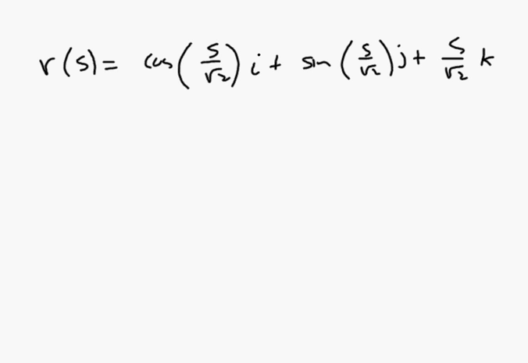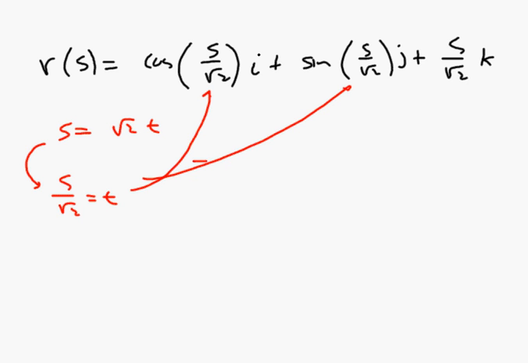And if you think about it, what did I do? I took that equation on the prior page where we had figured out that the arc length was equal to rad 2t, sorry, my bad. And I had solved it for t. So I ended up with s over rad 2 equals t. So I just plugged that in where all the t's were.